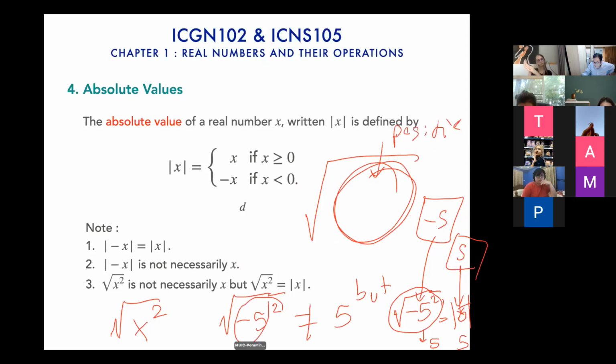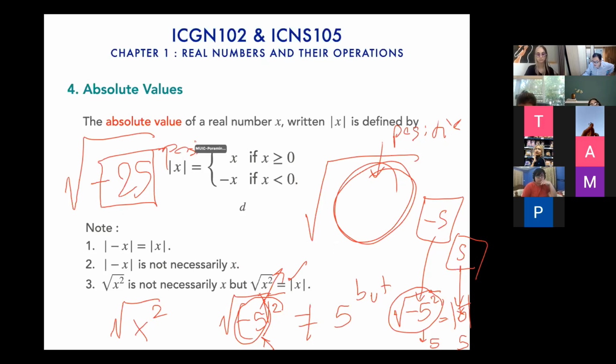In this example you have negative 5, a negative value, inside, but you have the square to make it positive first, so you can find the answer. But if you have square root of negative 25 like this, it's undefined, because the value inside the square root must be positive only. This is what you have to know about the properties of the absolute value.